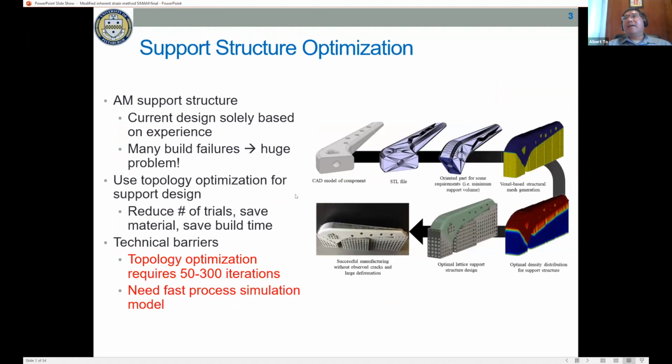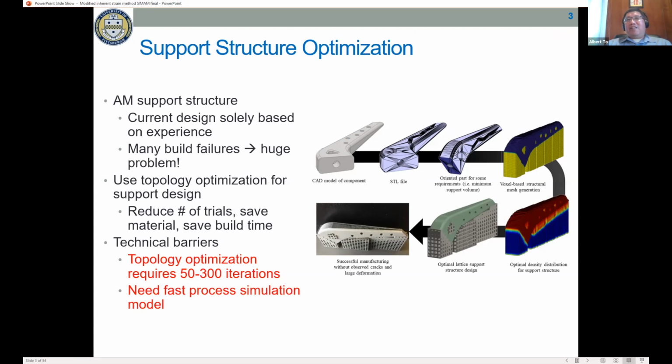So at that time, we were thinking, okay, maybe it's good to apply topology optimization to design support structure to help release the residual stress in the support to prevent this kind of build failure. Because anytime you get cracking, it may cause build failure, and if it's not causing build failure, there may be a substantial amount of distortion after you print the parts.